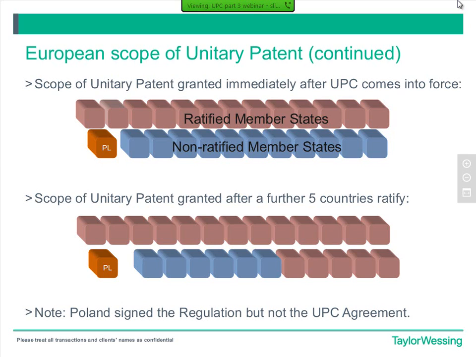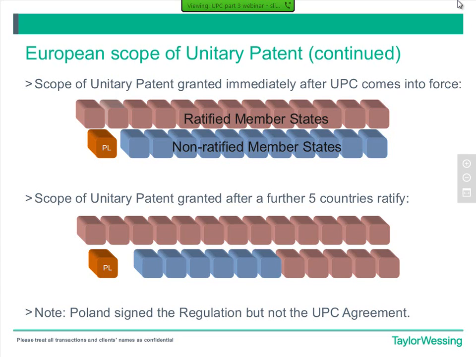So on the top part of this slide, you see that at the beginning, that is, just once 13 countries have ratified the UPC, then all unitary patents will be effective in those 13 countries. Further down on the slide, this is a situation later on when a unitary patent is registered when, for example, 18 countries have ratified the UPC.